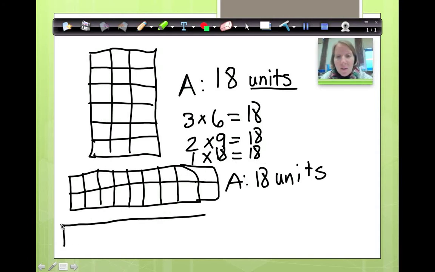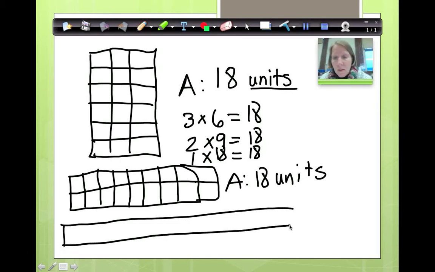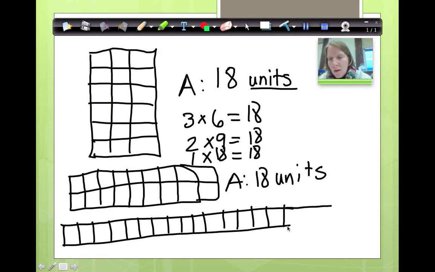Let's do it. 1, 2, 3, 4, 5, 6, 7, 8, 9, 10, 11, 12, 13, 14, 15, even longer, 16, 17, 18. What's the area of this shape? The area of this shape is 18 units.